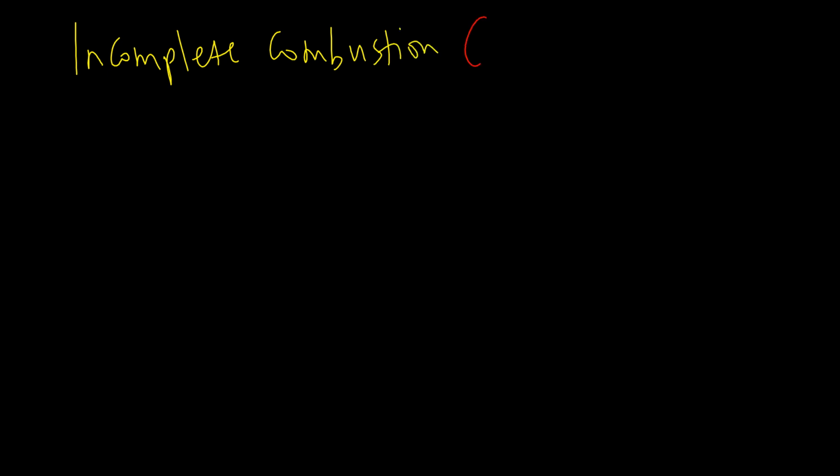But then you also have another scenario called incomplete combustion. As expected, this is what happens when you have a scarcity of oxygen. And so I'm just going to pause here to do a little bit of a breakdown, just talking about the levels of oxidation for carbon.